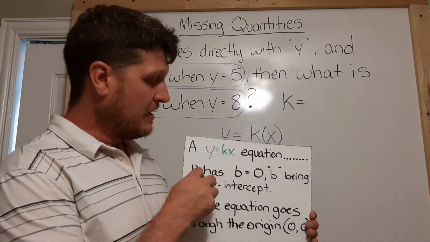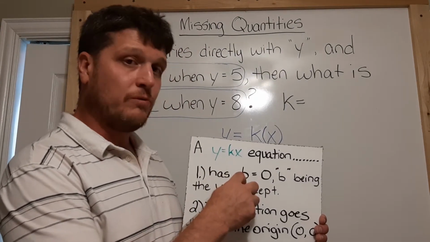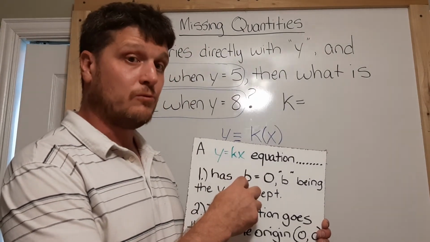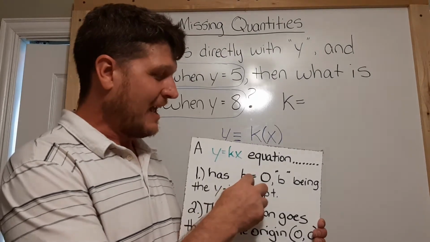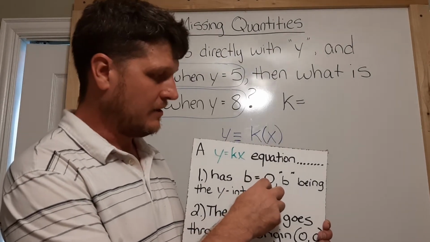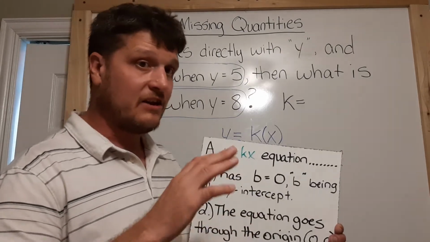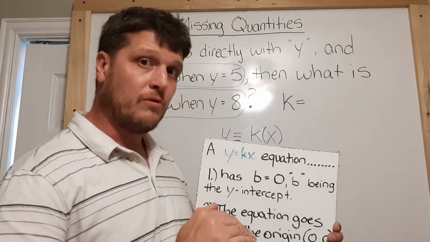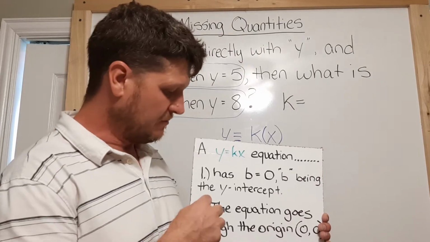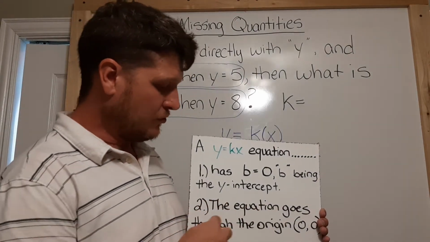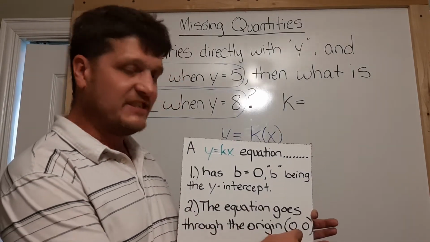One of them is the y-intercept, which will be b, and it has to equal 0. It cannot be above or below the origin, which means the equation goes through the origin, 0, 0.